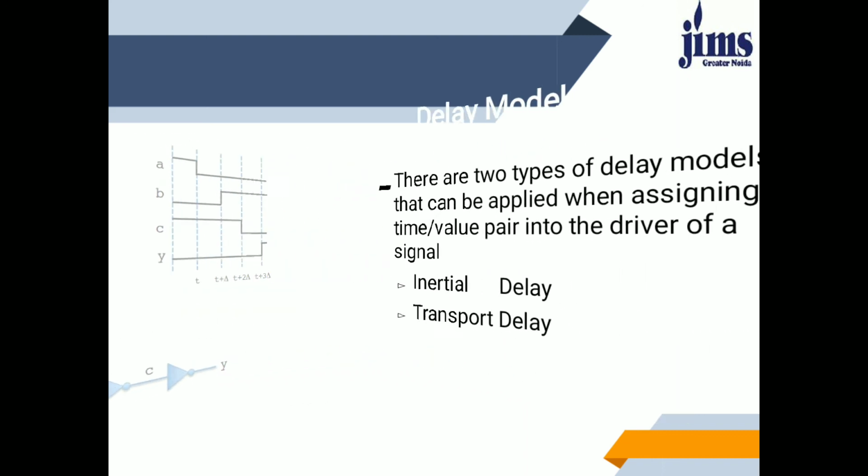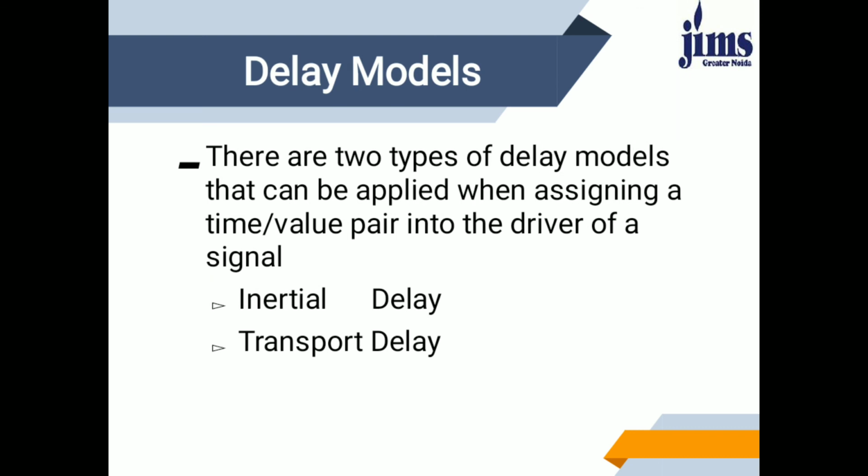Now, if we want to draw the delay models, there are two types of delay models that can be applied when assigning a time or value pair to the driver of a signal. These delay models are the inertial delay model and the transport delay model.